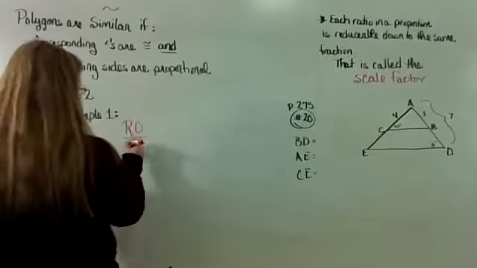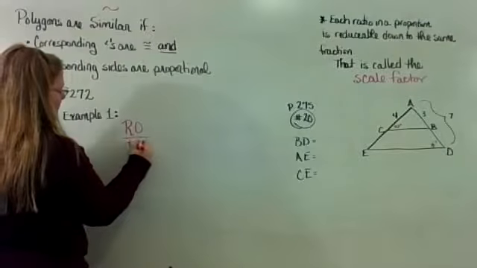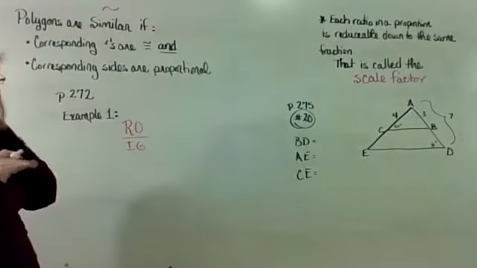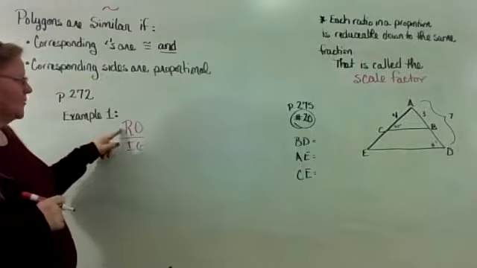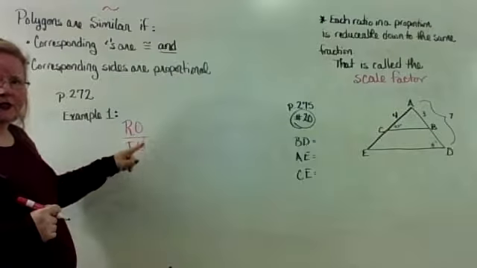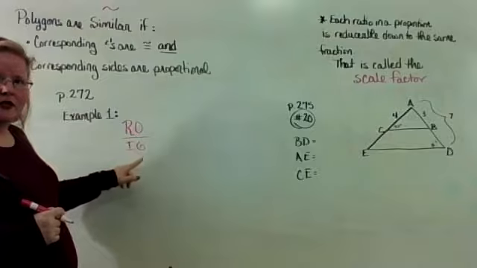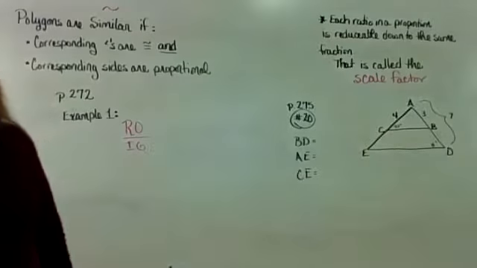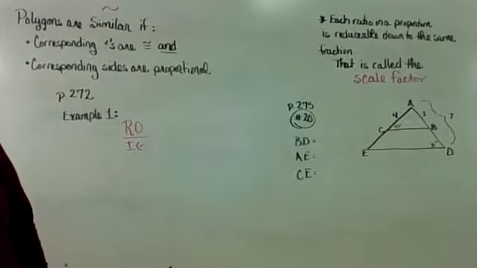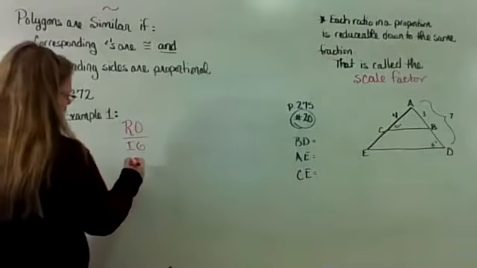I know that because they go from the same angles. So R was my right angle, O was my 30 degrees, I was my right angle, G was my 30 degrees. And that really is 4 square roots of 3 over 15.